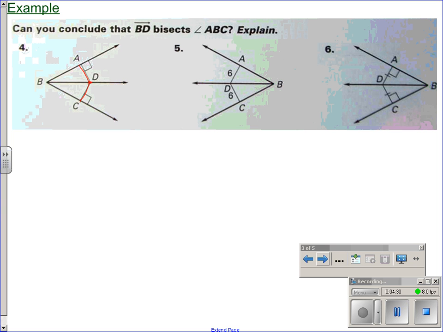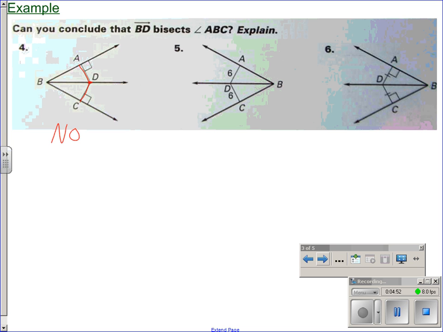We're going perpendicular to ray BA. But do we know point D is the same distance away? We don't know the segments DA and DC are congruent. If they were congruent, then yeah, D would have to be on the angle bisector. So can we conclude that BD bisects angle ABC?